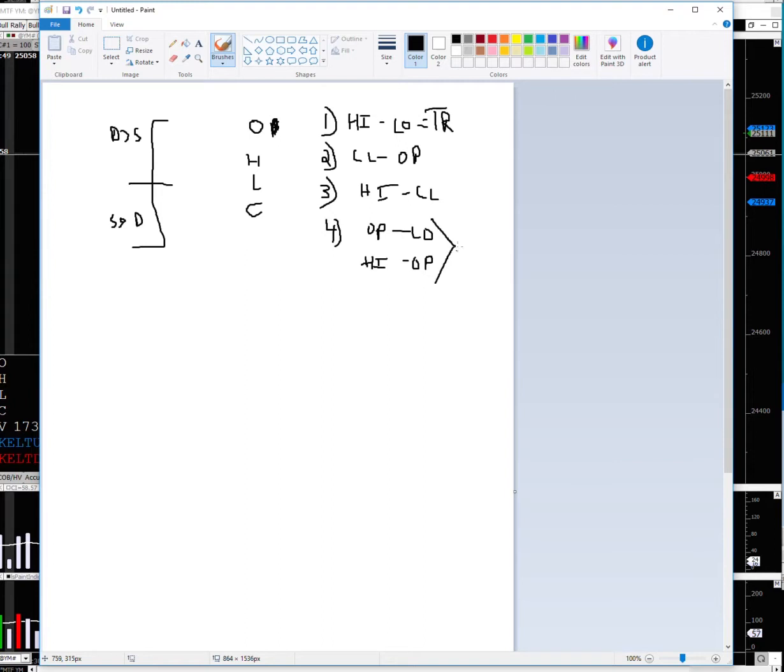It identifies the wicks and the tails, the selling and buying tails. Now, most folks will look at the true range, if they know about it, or they'll use the average, a 14 period average of true range.